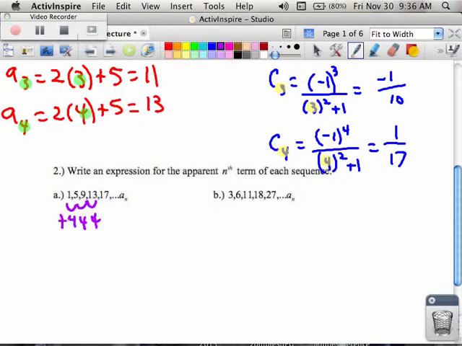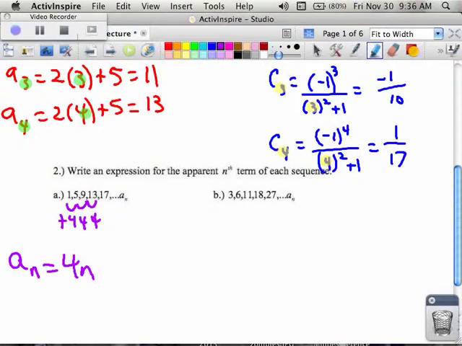So the way that I start out when I see that is I start out with my a sub n equals 4n. Whatever you're adding each time or subtracting, that goes in front of the n. So if I would have been subtracting 7 each time, minus 7n would be the way I started. Now if I'm looking at that first term, the number is 1.